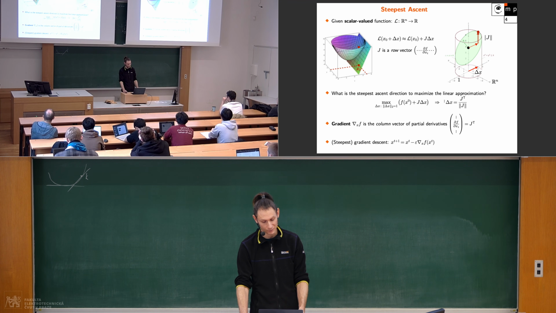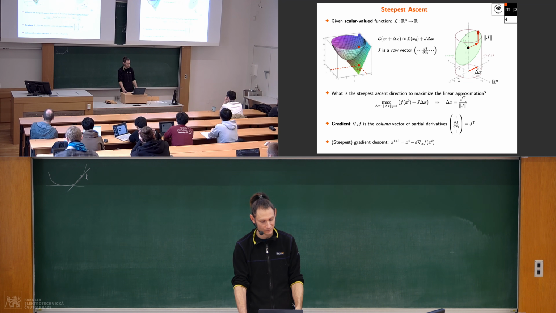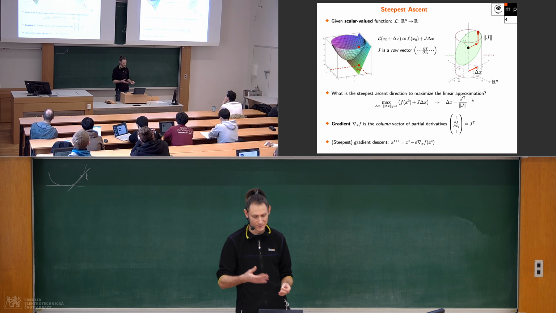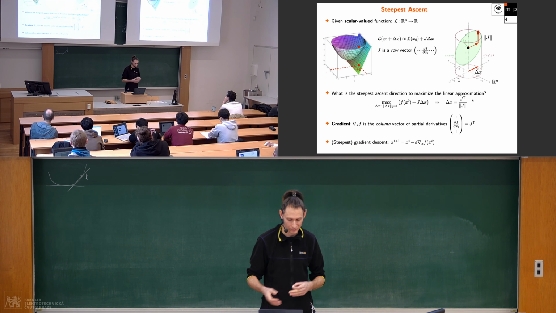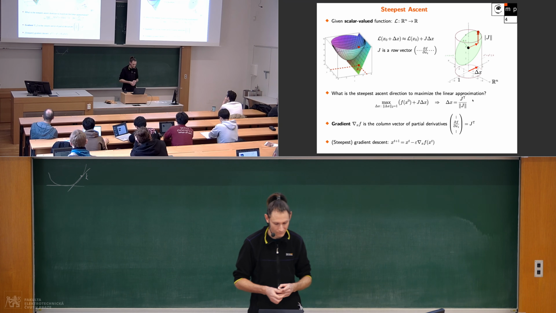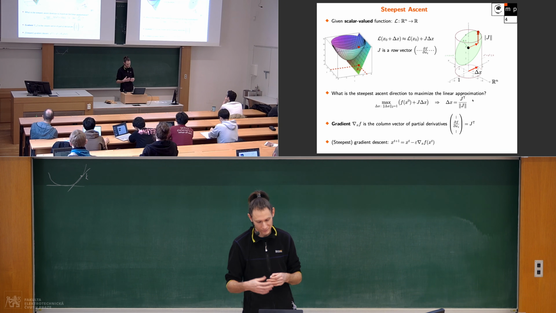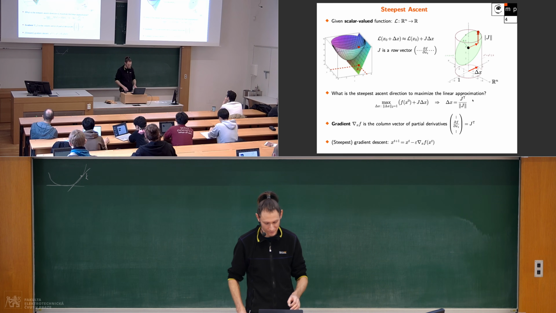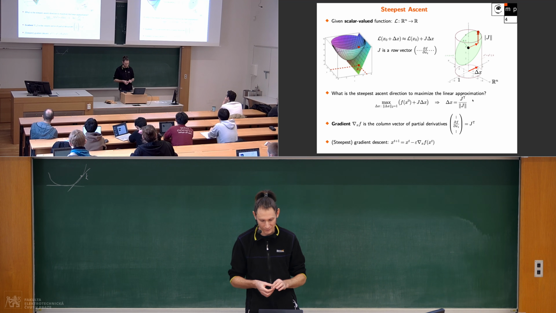By formally solving this, you find out that the solution is this transposed Jacobian, which becomes a column vector, and normalized, right? And this is consistent with the notion of steepest ascent if you are maximizing, or steepest descent if you are minimizing.